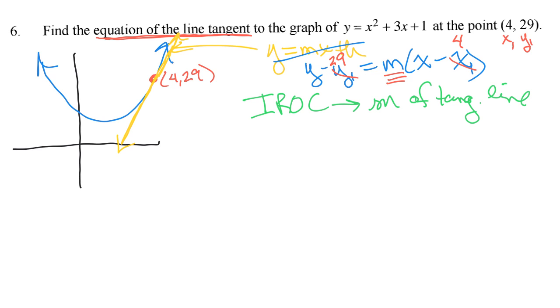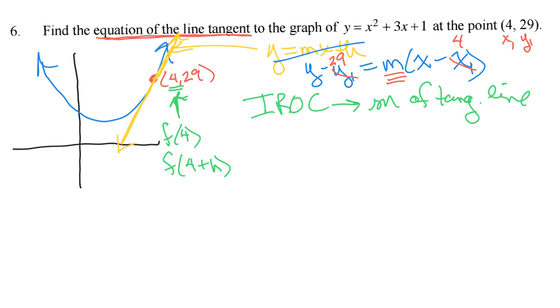Well, I asked you to find the equation of the line at the point (4, 29). So I know that one of my values that I'm going to have to find is f of 4. What is the other one? Well, remember, we want to keep getting closer and closer to that x value of 4. So we're going to do 4 plus h.